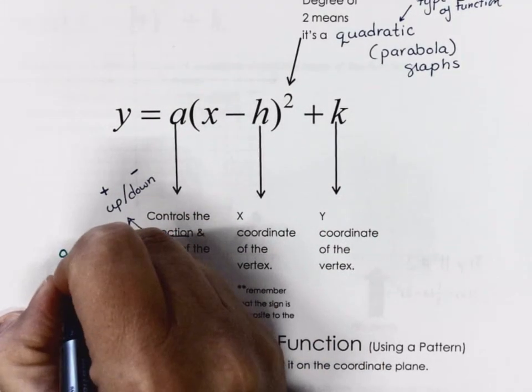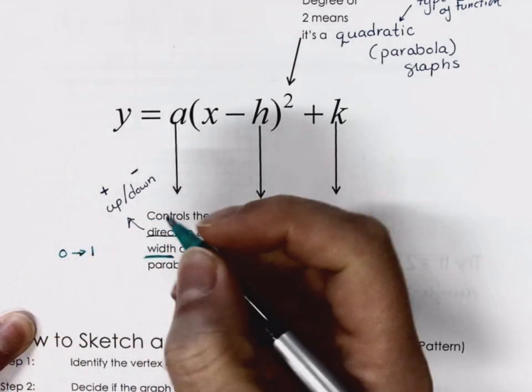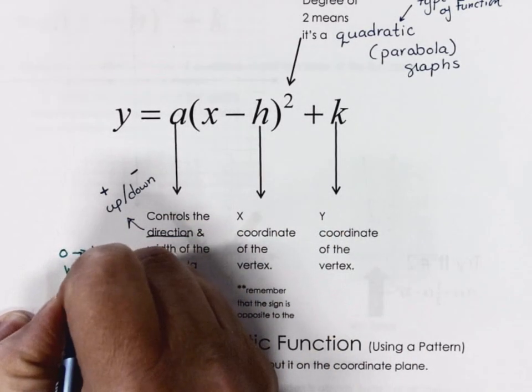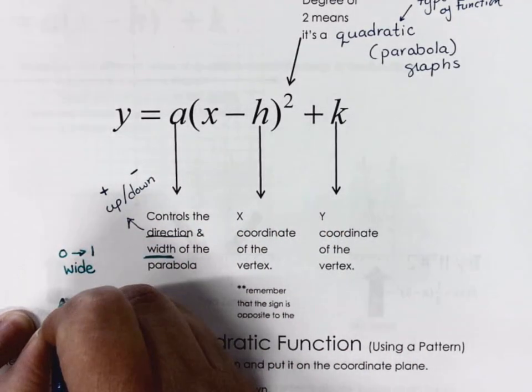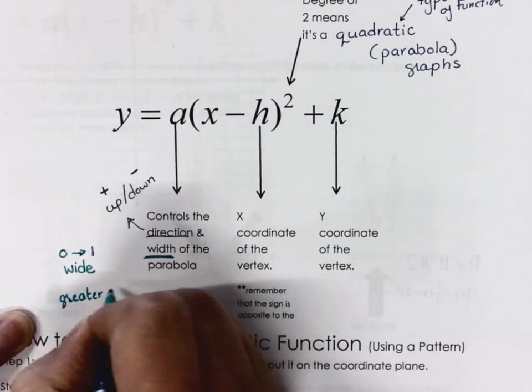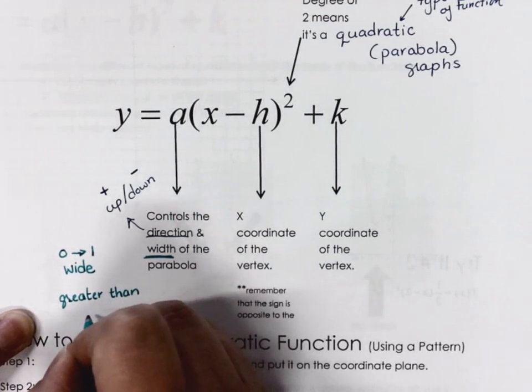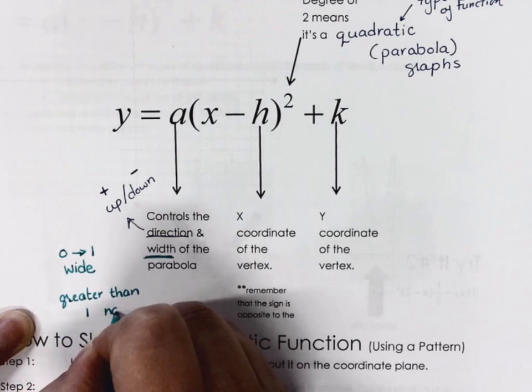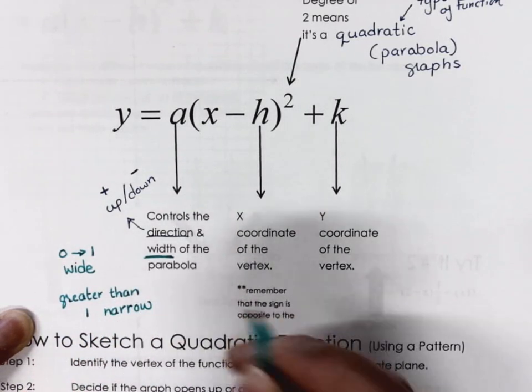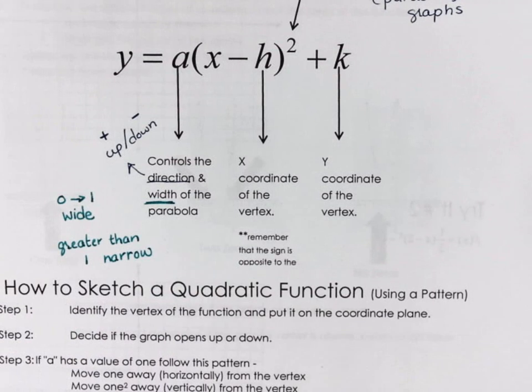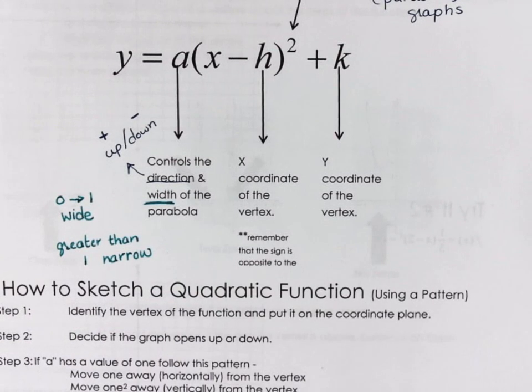So if a is between 0 and 1, it'll be a wide parabola. And if it is greater than 1, it will be narrow. So this is all the stuff we did in 3.0. We went through those examples, we made some assumptions, but we made that assumption way back on Thursday of last week.